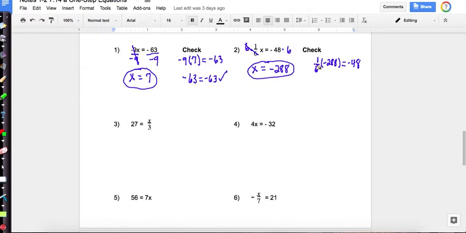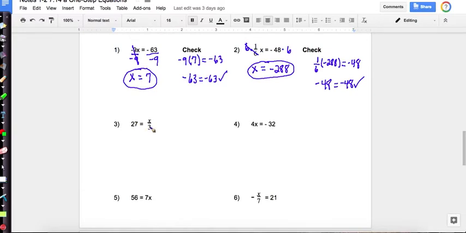Okay, type in 1 divided by 6 times 288 negative and hit equals. And your calculator should say negative 48. So write down negative 48 equals negative 48, and it does in fact check. So please make sure you can use the calculator to check these. It will be key. You will never get these wrong if you can use your calculator to check them.